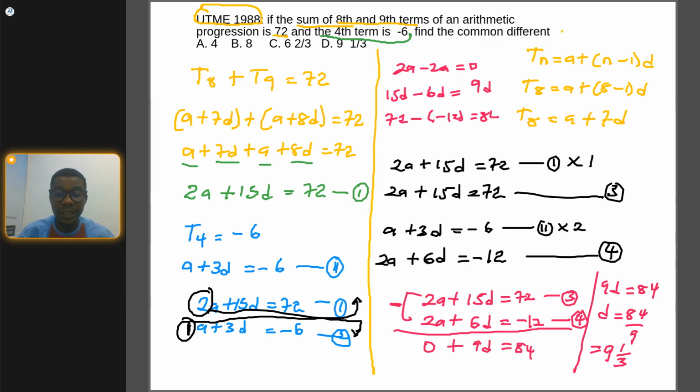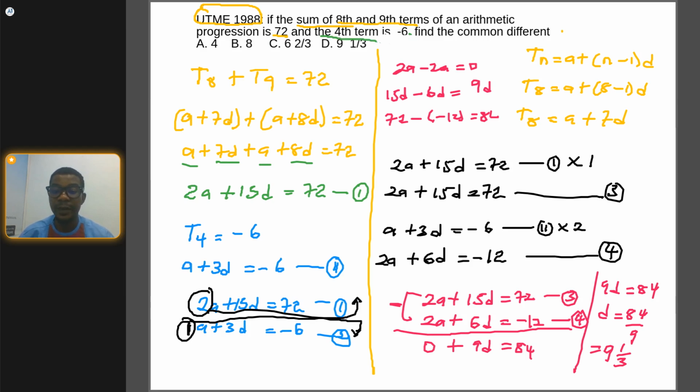So if you are going to be checking the options, what will be the correct answer? I need a response in the chat box. Is it option A, option D, or what option exactly?